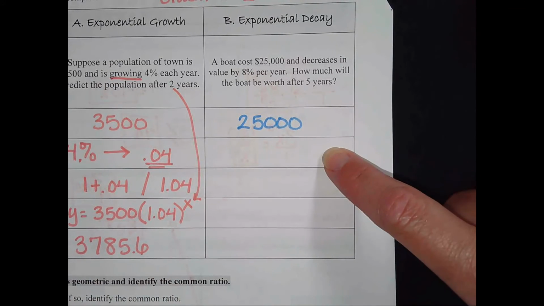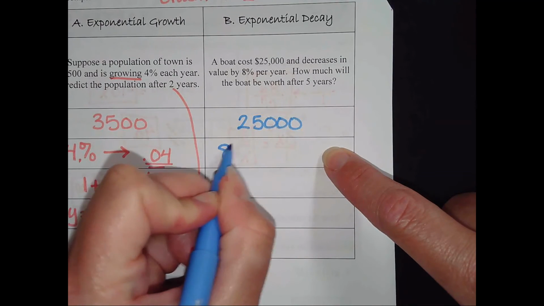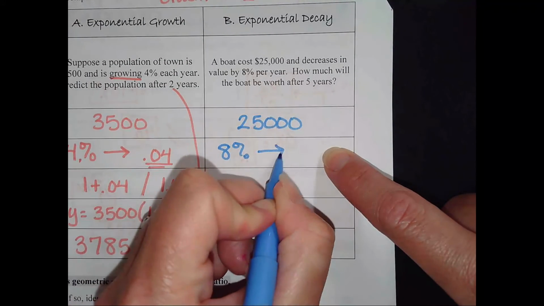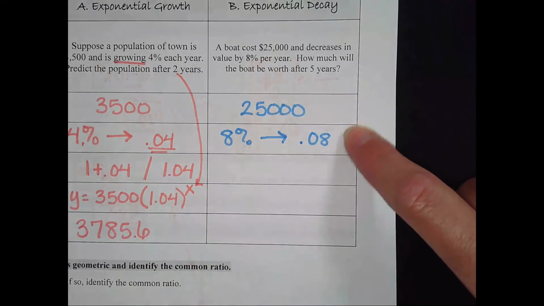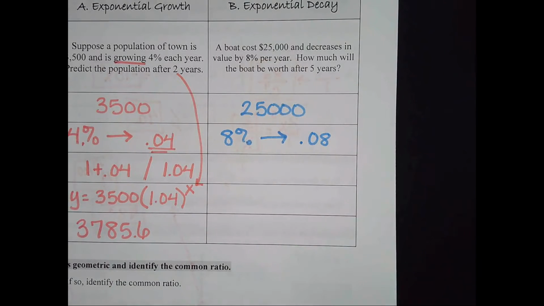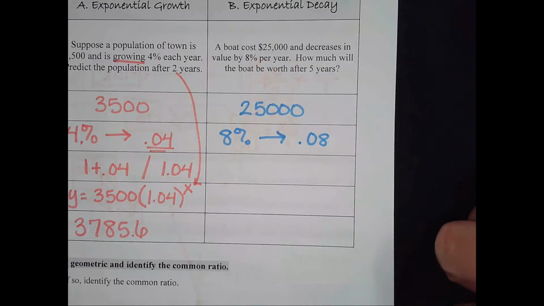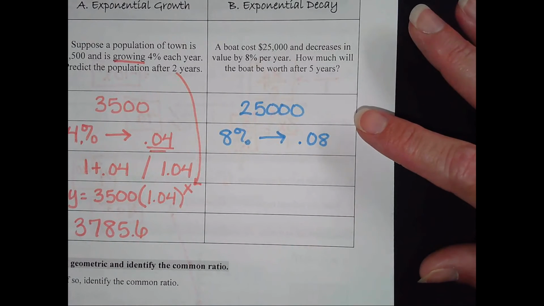What is the R? 8%. But when we plug this into our equation, how do we plug it in? 0.08. Knowing how to convert is going to be huge because that's what you're actually going to be plugging in. Then it wants to know what the B value is. Is this exponential growth or decay? Decay.